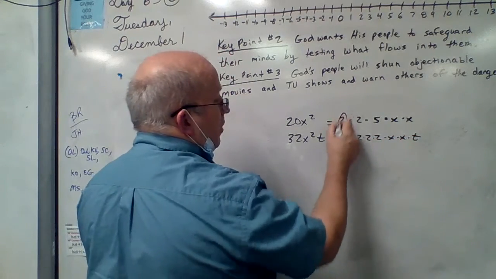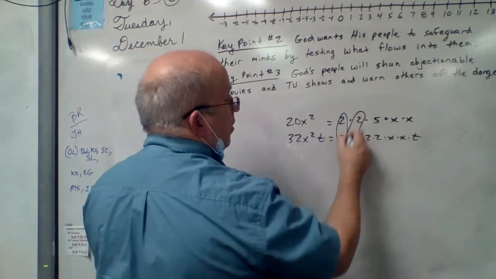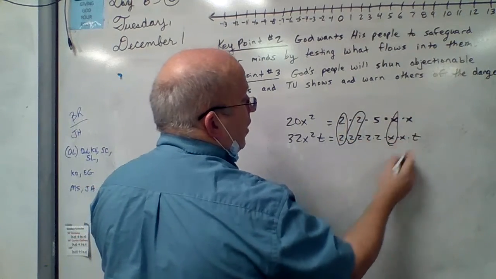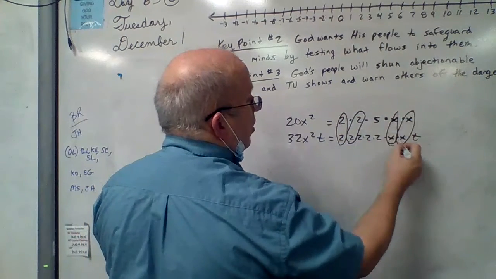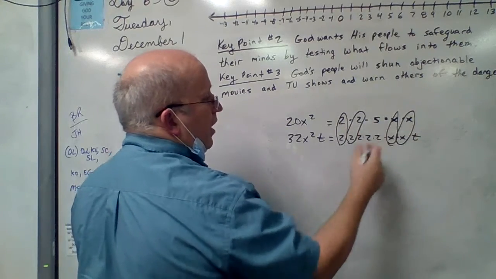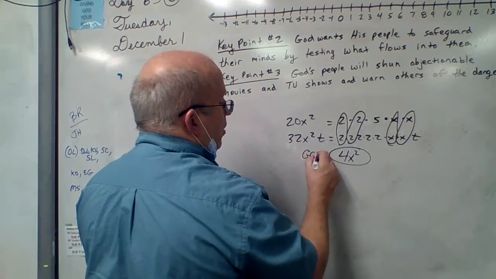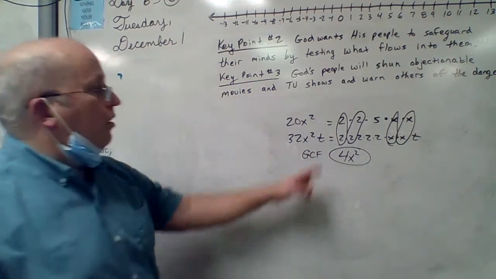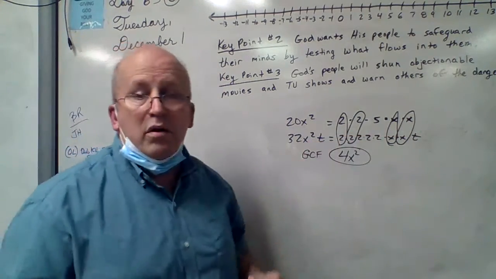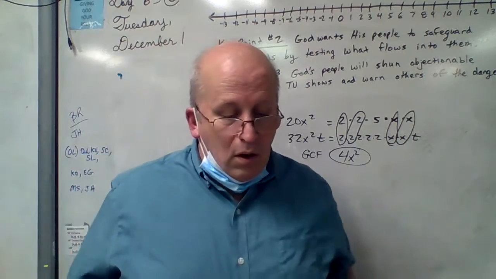And now what do they have in common? A set of 2's. Hey, another set of 2's. A set of x's, another set of x's. Do they have anything else in common? Nope. So my greatest common factor is 4 times x squared.